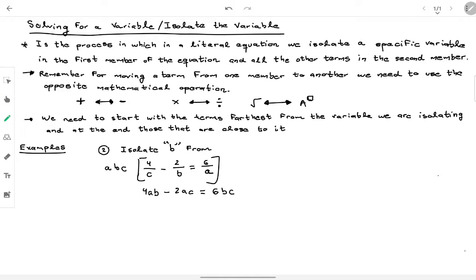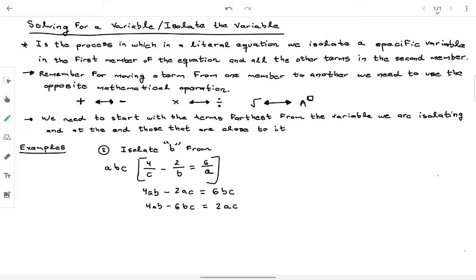Then we need to have the terms with B on the left, and what doesn't have B on the right. So it's going to be 4AB minus 6BC, because the 6BC is positive, so it goes negative to the other side, equals 2AC, because in this case the 2AC is negative, it goes positive on the other side.